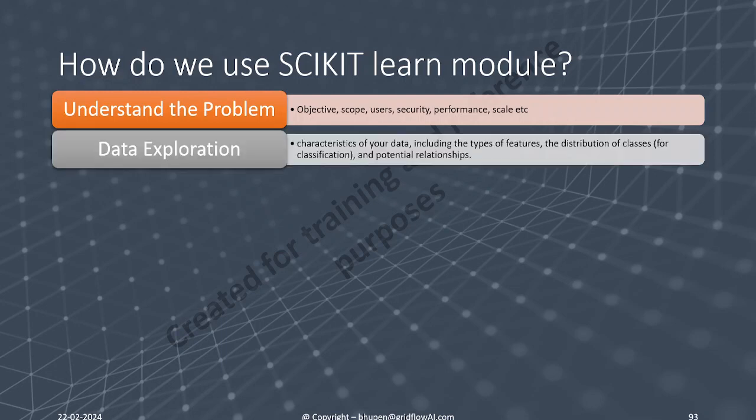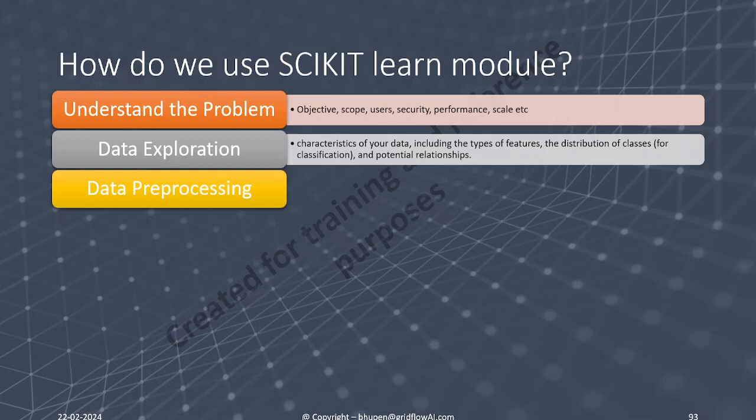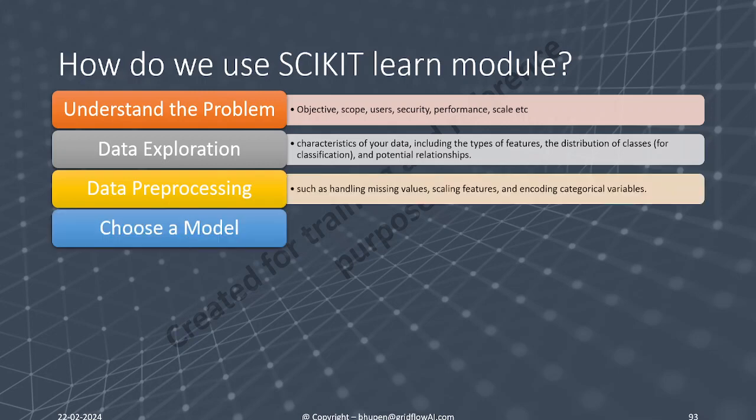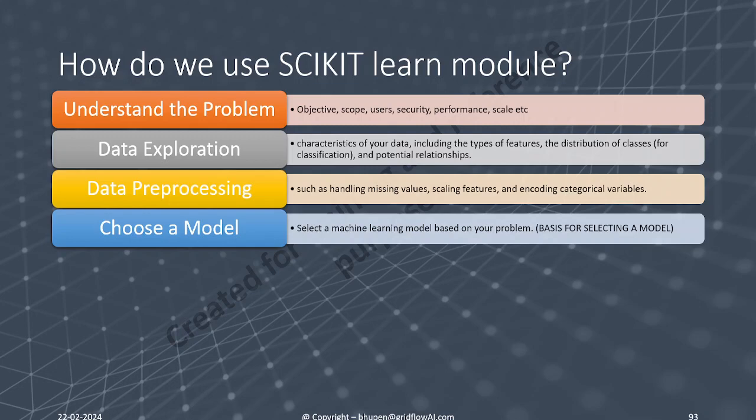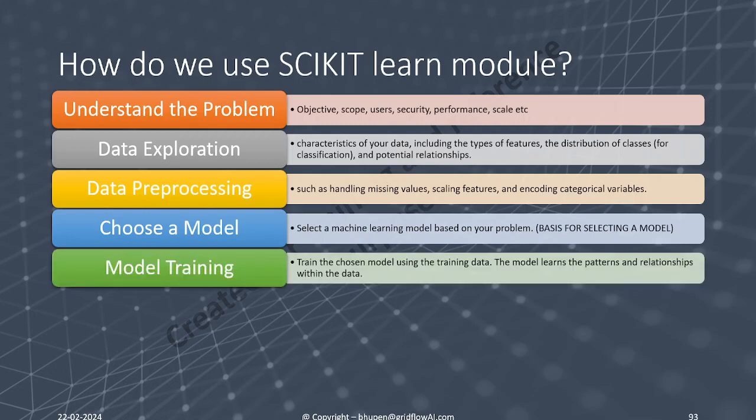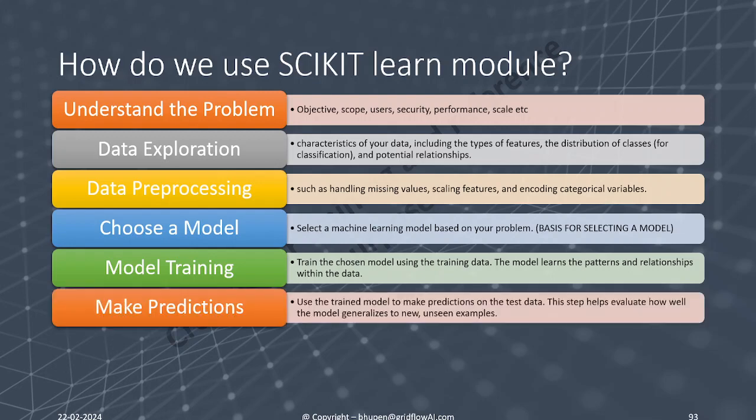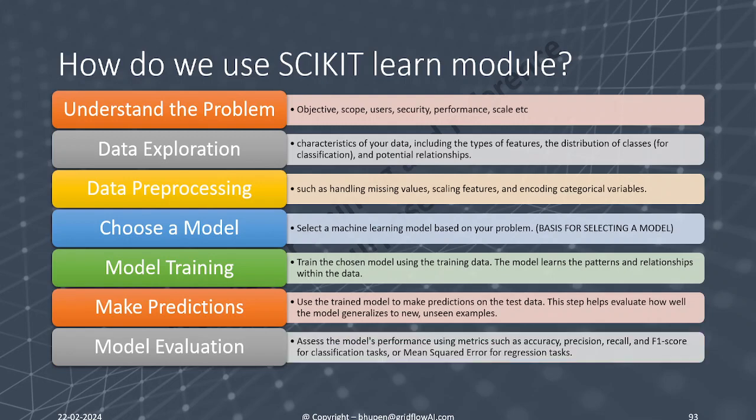Secondly, data exploration, data pre-processing, then choose the model. This is where most of the emphasis in the playlist will be: how to choose a particular model, and what the criteria are. Then comes model training, making predictions, evaluating the model, and then optimizing.